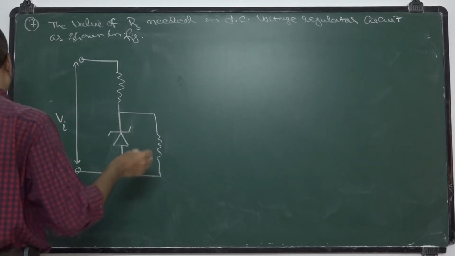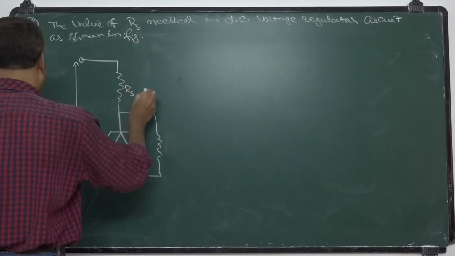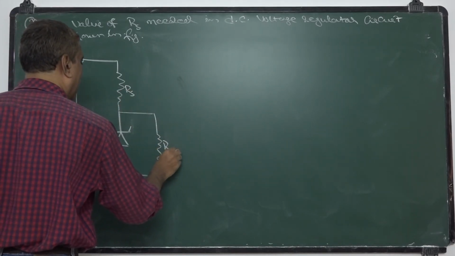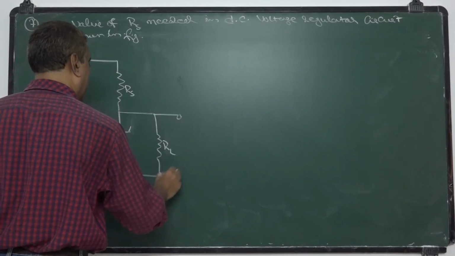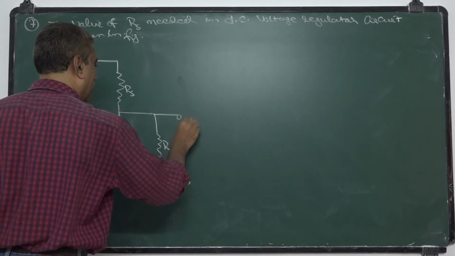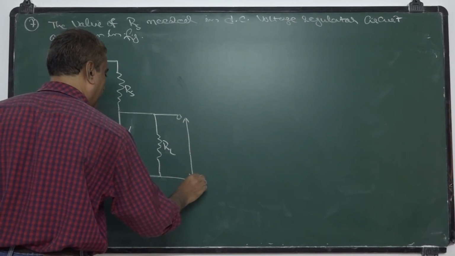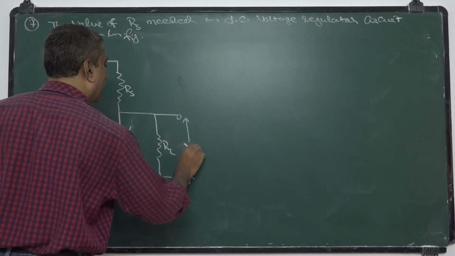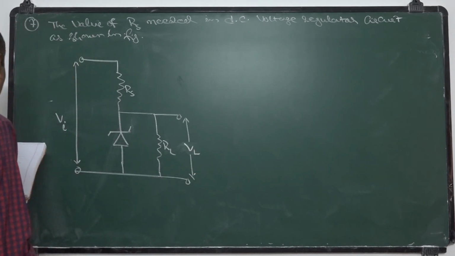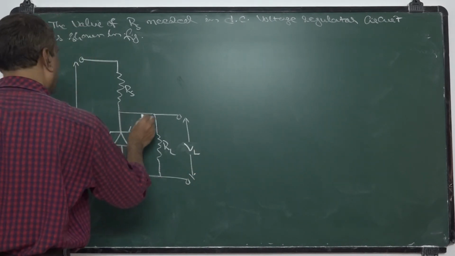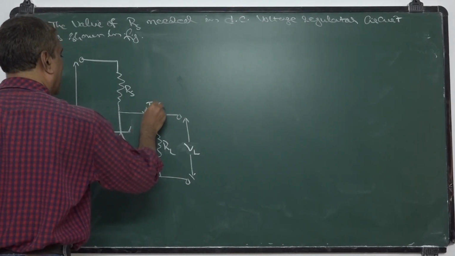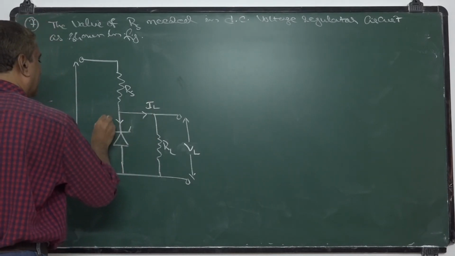This is V input, and this is RS, this is RL, and voltage across this load resistance is V output, VL. And current through this is IL, and current through this is NIL.